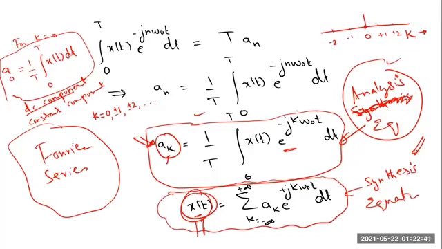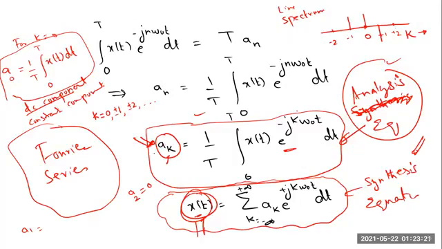Similarly, if you get some value of A1, it may be positive, it may be negative as well, so then you will draw a line like this. And you may get some value for A minus 1 as well. It's also possible that for some number, maybe for k equal to 2, the value comes out to be equal to 0. Then you will not draw any line over here. It means there will be nothing at this point. So when you plot this, this is what we call the line spectrum.